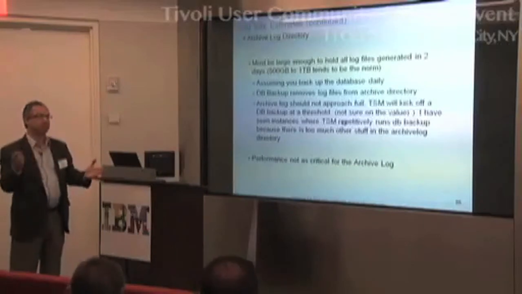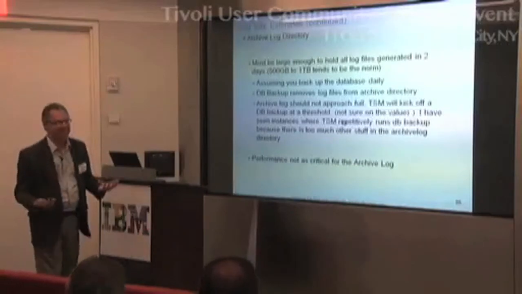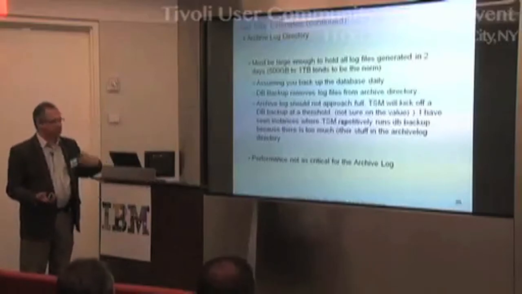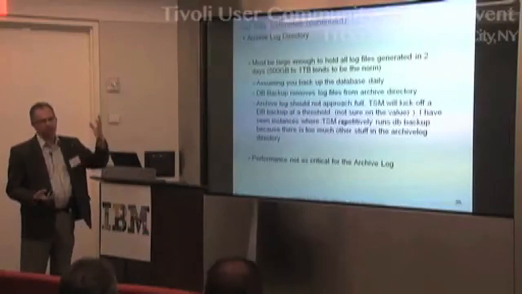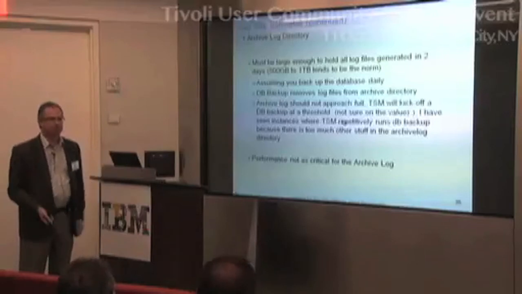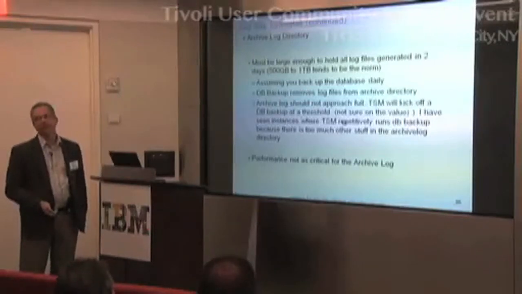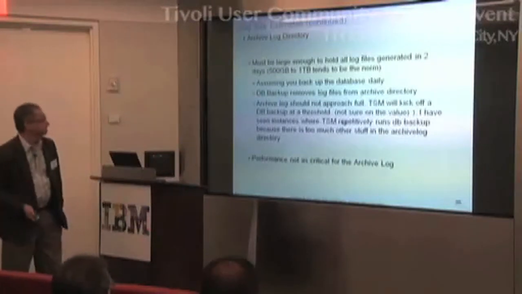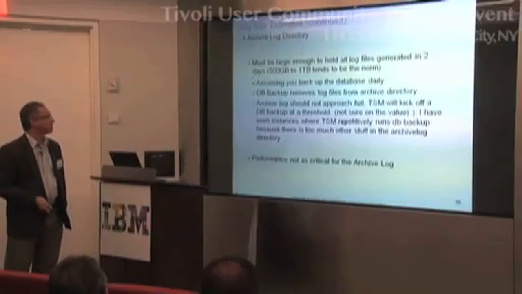I guess it's like an auto protection mechanism, and all of a sudden this thing started running TSM backups at some strange time. We couldn't figure out why. It was because that file system was hitting a threshold. I don't know what the number is, but that's certainly something we ran into.